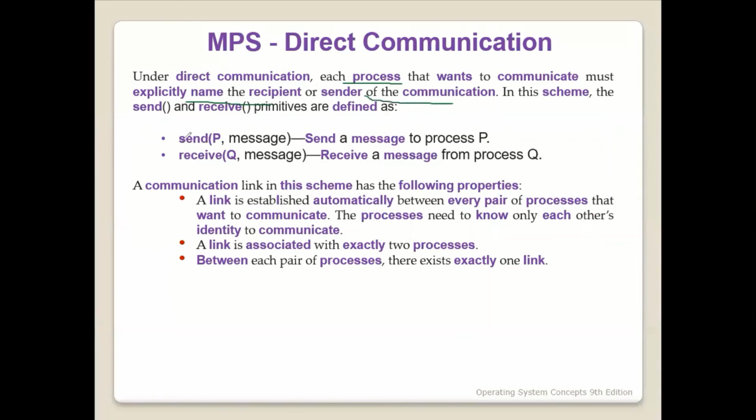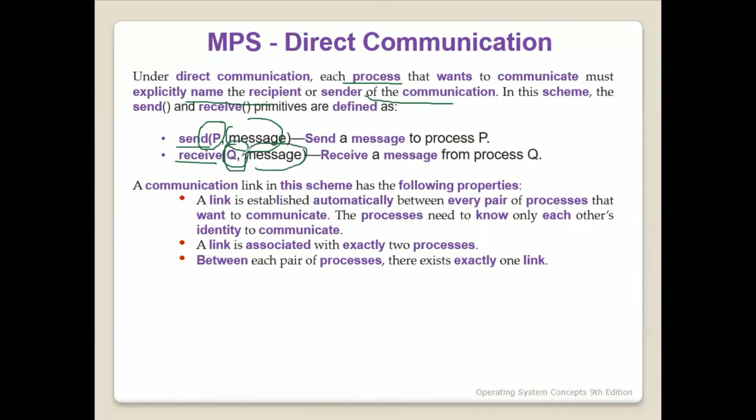So for example, Q is sending a message. Here the meaning is send(P, message). So it goes to P and this is the message. And receive, for example, receive(Q, message): this is the process that sent the message, and this is the message.